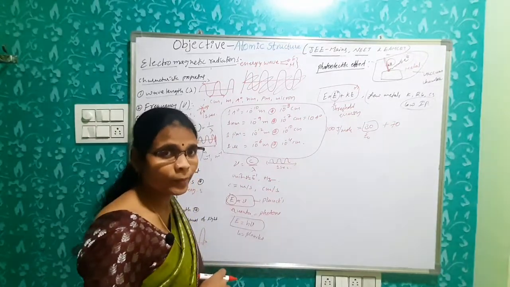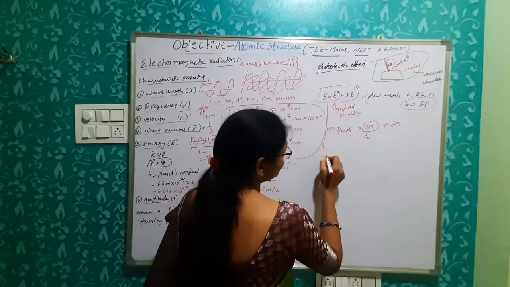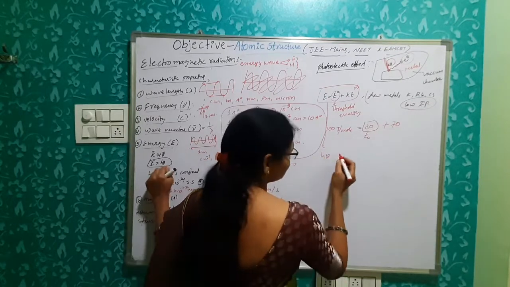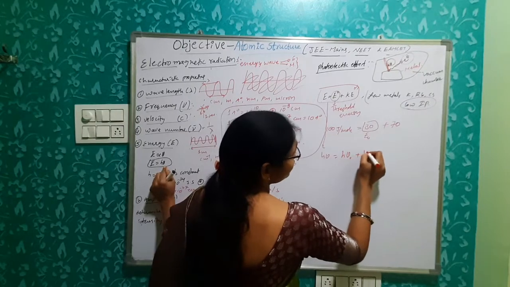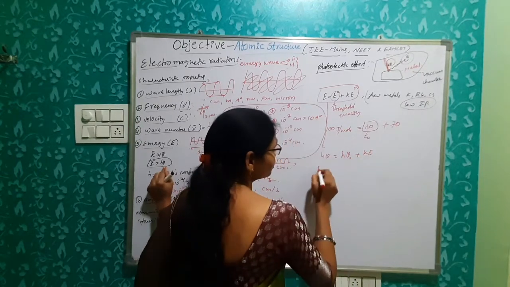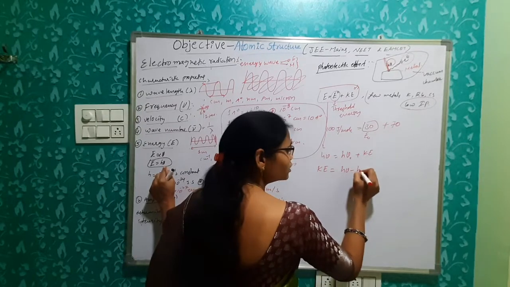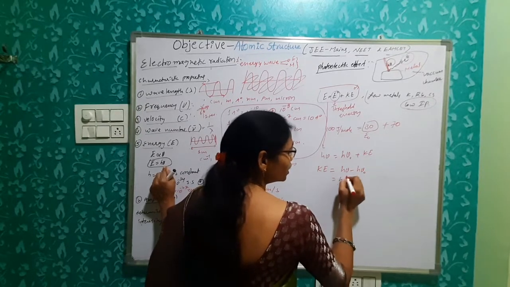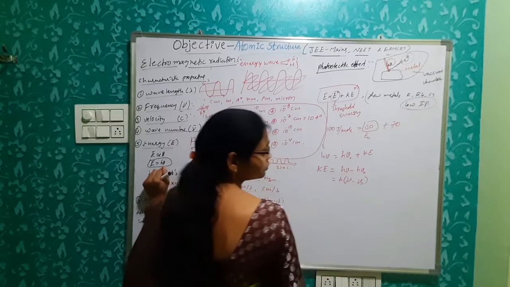Clear? So simply this formula is nothing but h nu by Planck's formula. So E equals h nu naught plus Ke. Suppose you want to find out Ke, simply h nu minus h nu naught. So you can take h common, h times nu minus nu naught. Clear?